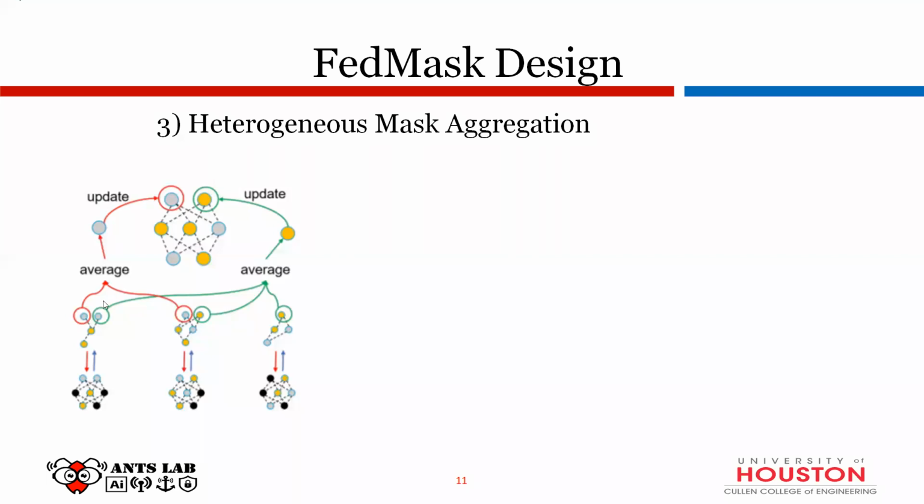In this one, those two devices overlap, so they will update to the average result of this model. And as for the one on the right, it overlaps with 3 devices, and then they will get the average, which is 1, and update into the binary mask.